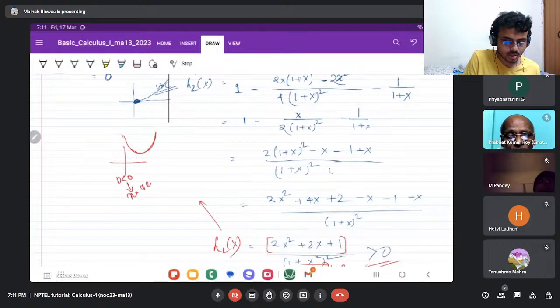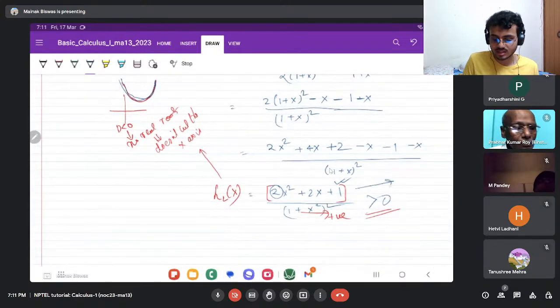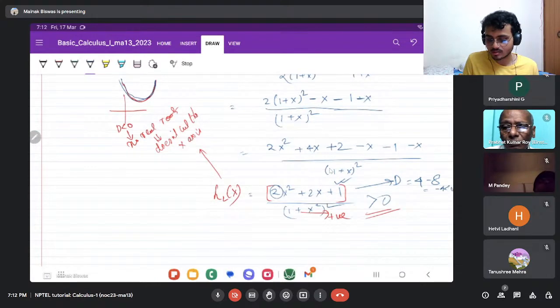No real roots means it does not cut the x-axis, and it is upward facing. Since a is positive, it will never go negative, it will always stay positive. So the discriminant of this is 4 minus 8, which is minus 4, less than 0.